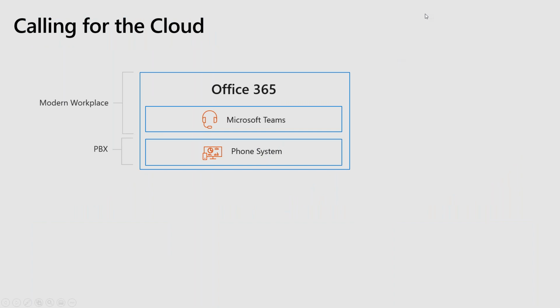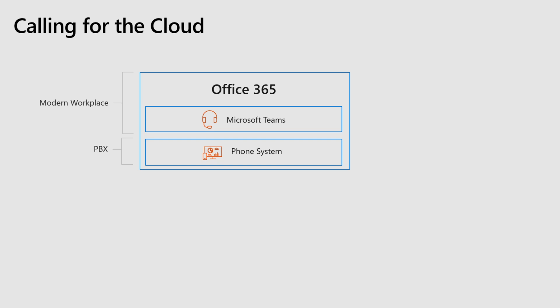Now, if we're looking at calling for the cloud, we have the infrastructure needed here and the components that are important. Of course, we have Office 365, where we have Microsoft Teams. This is called the modern workplace part. Teams by itself doesn't really do telephony, right?